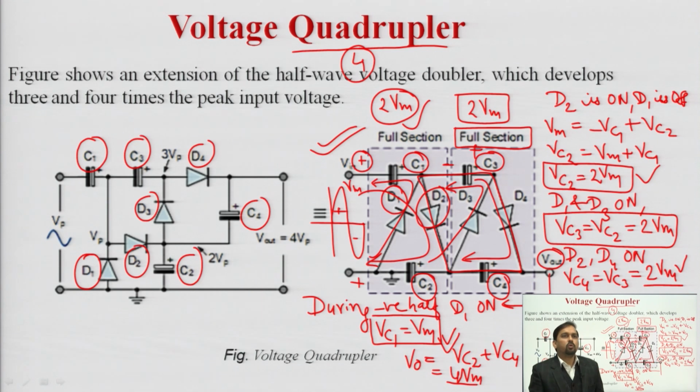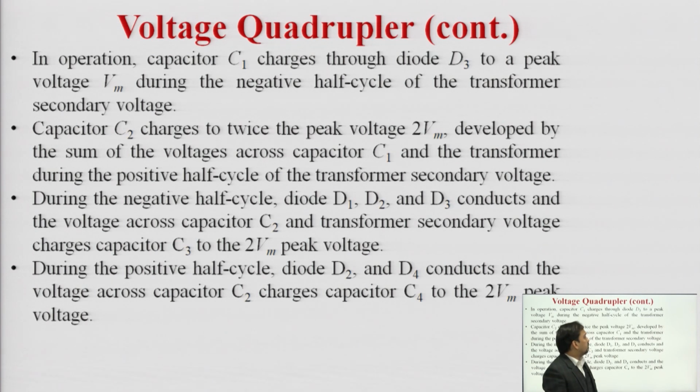So, if we have to design a circuit which provides 5 times Vm, we need 5 diodes as well as 5 capacitors. So, this was just the working, we can just go through this.